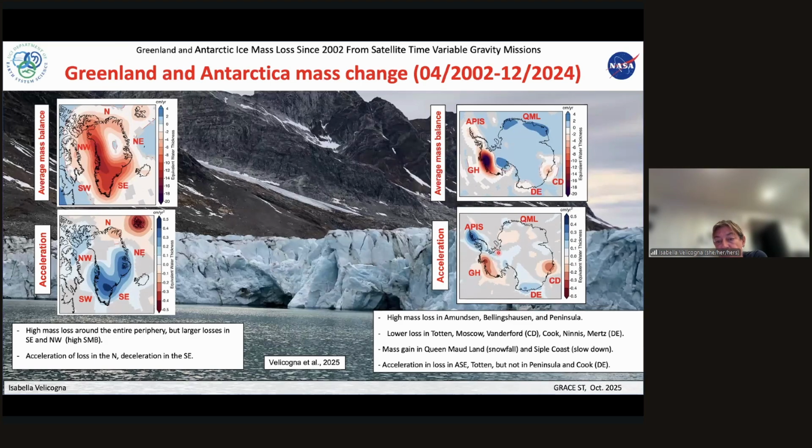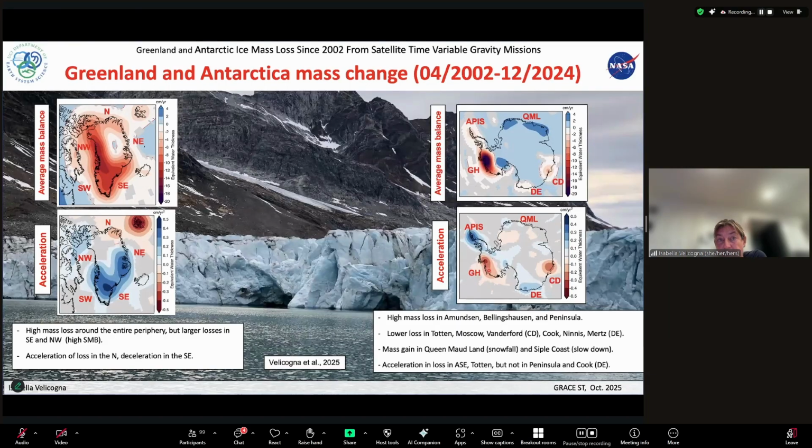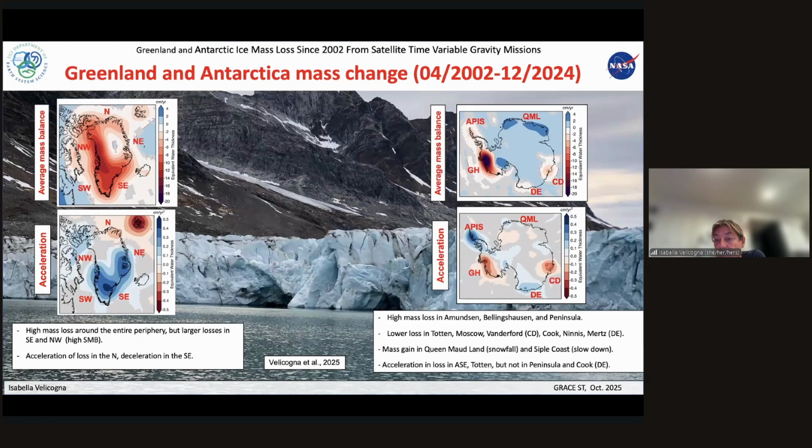If you look at the acceleration, we still have acceleration in the Amundsen Sea sector, but not anymore in the Peninsula, and in the area of Cook we still have some increase.